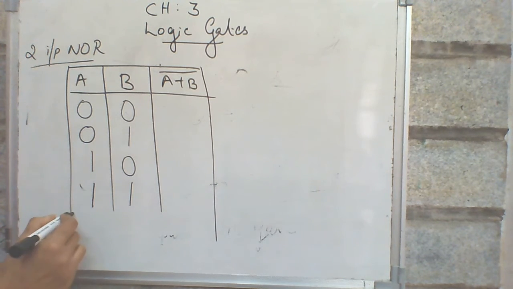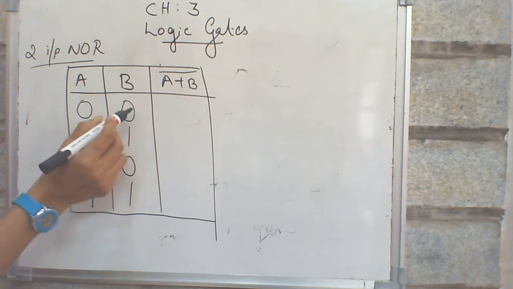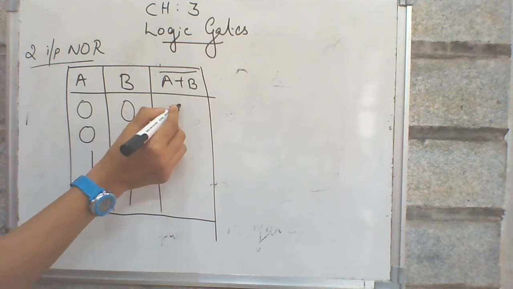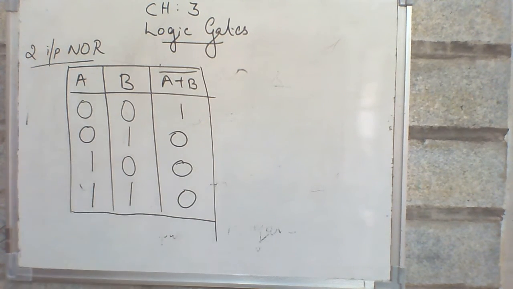Then what will be the output of this NOR gate? If all the inputs are 0, output will be 1. This is the truth table of 2-input NOR gate.